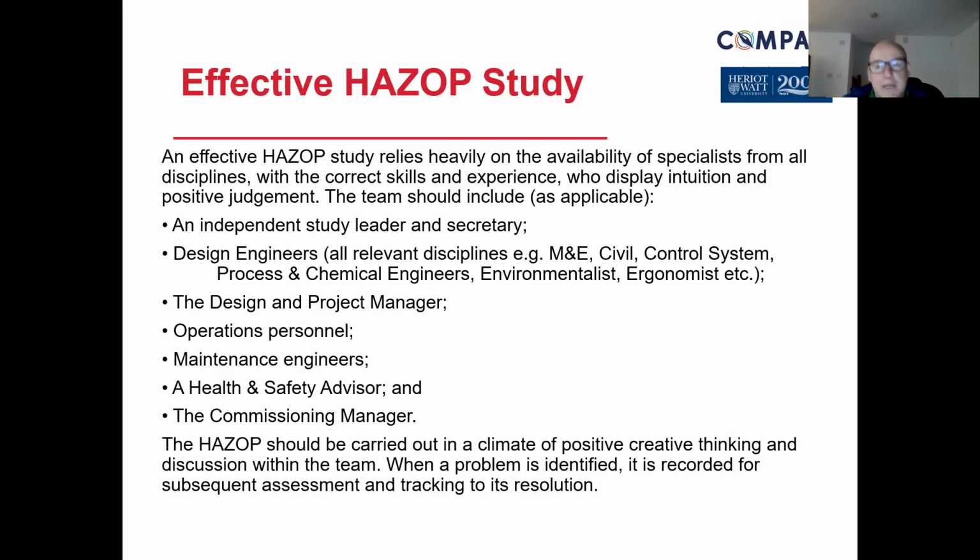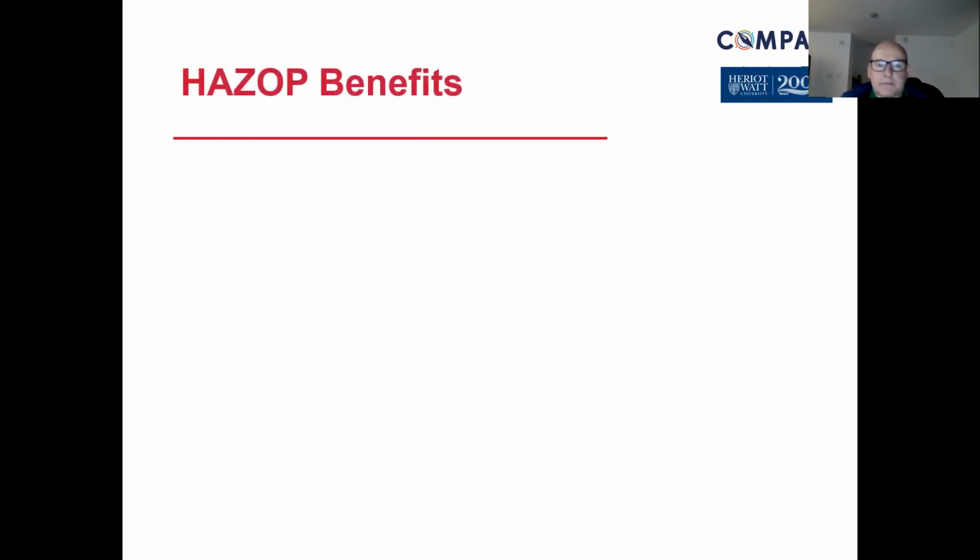But the important thing is, because you justify something, it is recorded, so that it can be used later on if there are any variations, or if someone's trying to reduce the budget and says we need to cut this, you can then say, yeah, but when we did the HAZOP study, it was quite clear from the study that this was essential, and therefore you can't cut down on that particular resource or budget.